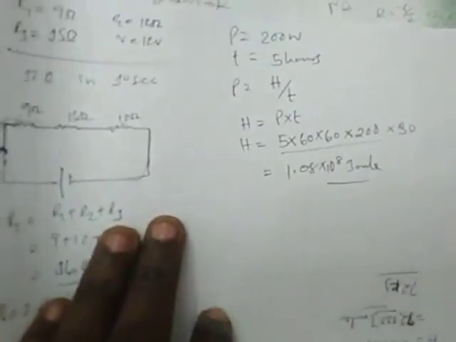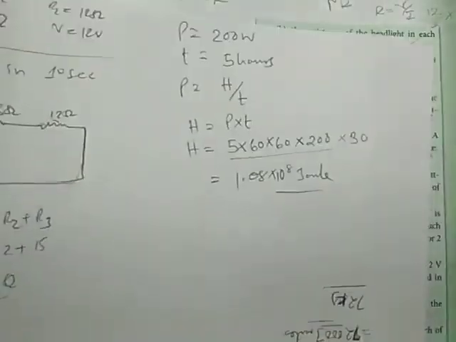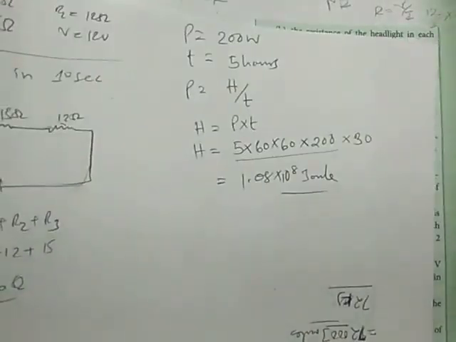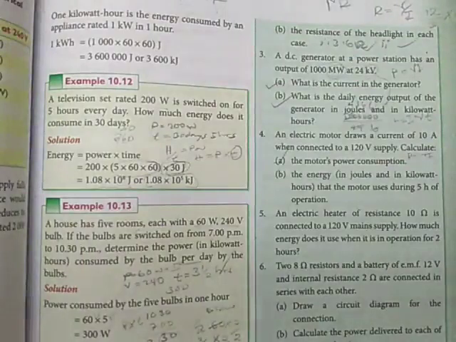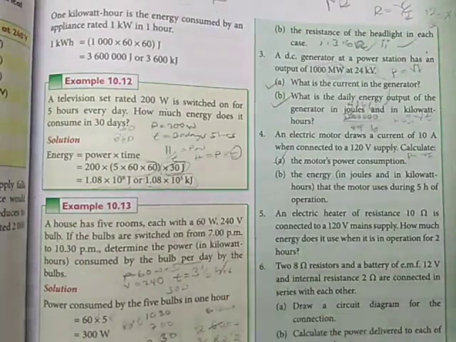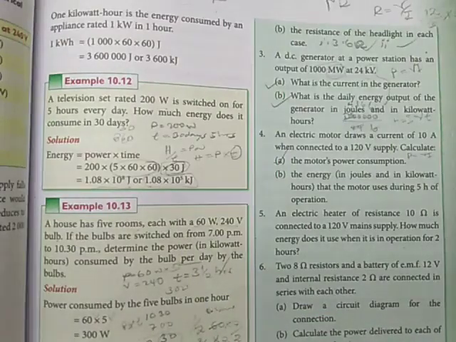Hiyo ndio itakuwa energy ambayo ilikuwa imekuwa consumed na TV for 30 days. Unaona? For 30 days. Kwa hiyo unakuja kuona hii hapa imewekwa kwenye joule. Ikiwa kwenye kilojoule inakuwa ni kwenye exponent 5. Ni energy kubwa tu ambayo TV yetu inakuwa imekula, umeme mwingi sana.